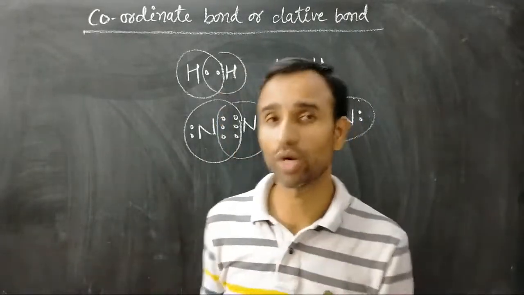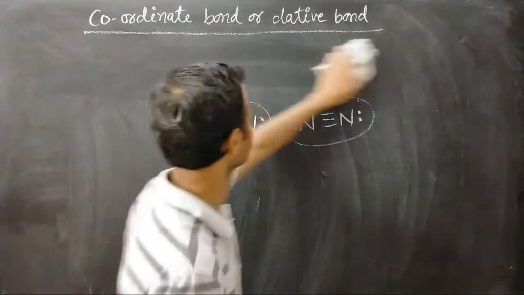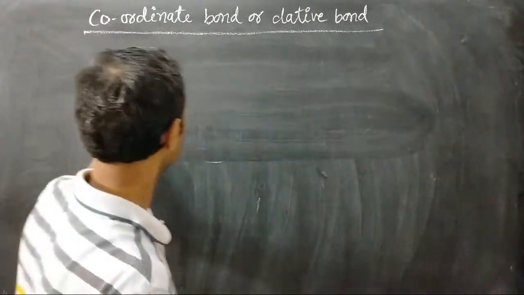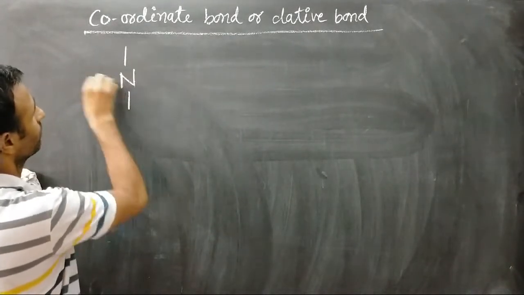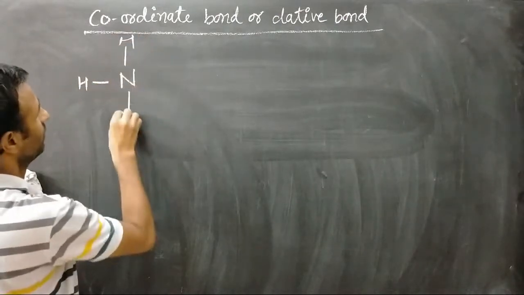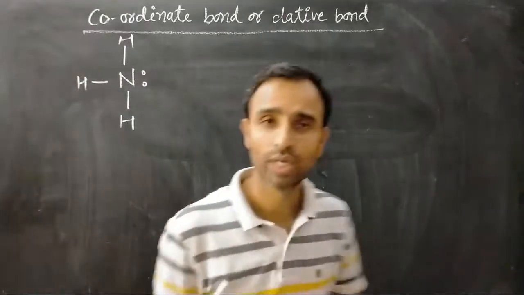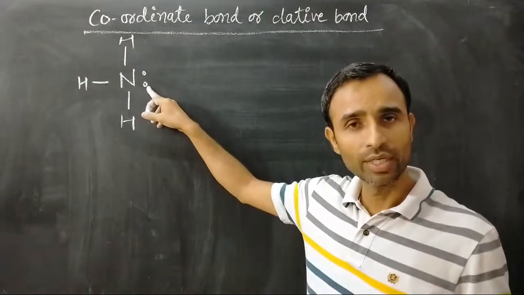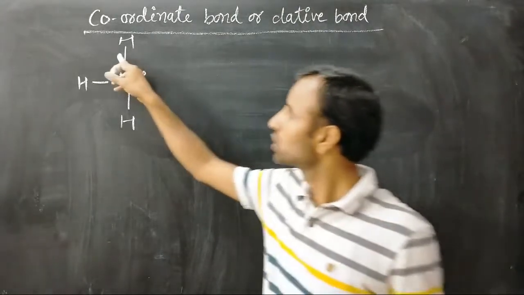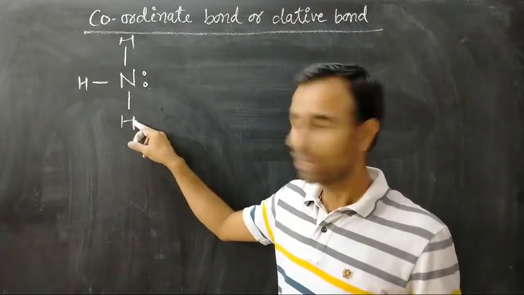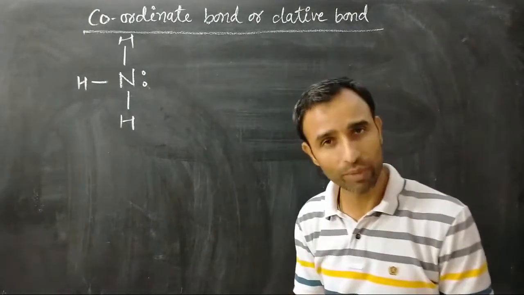But in a coordinate bond, see the case of ammonia. Ammonia has 3 covalent bonds and 1 unshared electron pair, because nitrogen has total 5 electrons. Out of 5, 3 are shared with hydrogens and 1 electron pair is left unshared, which is called a lone pair.